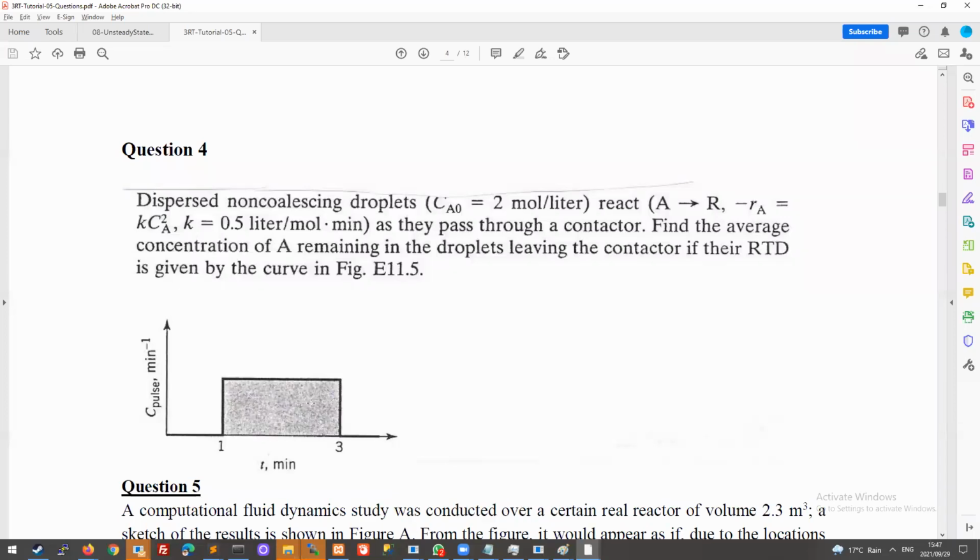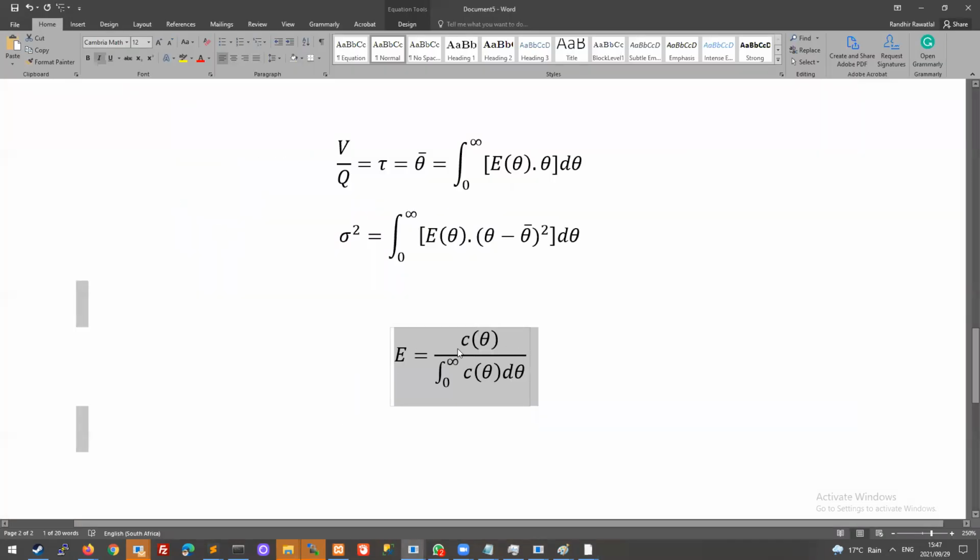Well, one of the things you could say is this curve, I don't know what the height there is. I don't know what that maximum value is, but I know E of theta is going to have the same shape. If you look at this equation, you've got C of theta here, and even though you've got C of theta down here also, you are integrating over that whole function. So this is just a single number here. It's not another function.